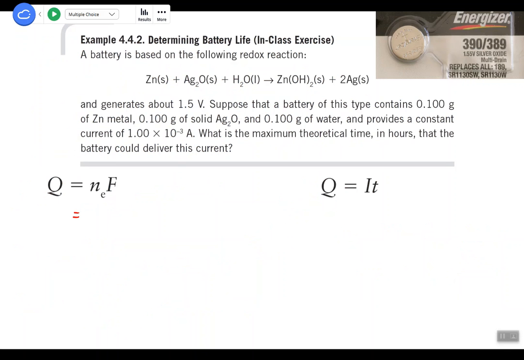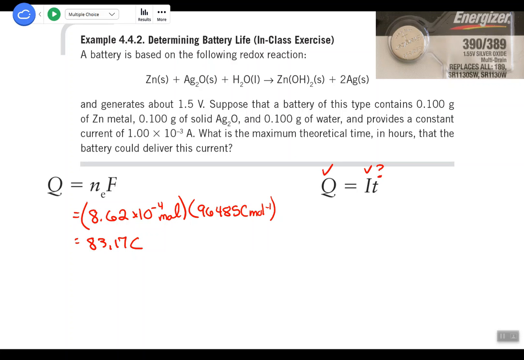I know the number of moles of electrons from the previous slide. Multiplying that by Faraday's constant, which gives me charge. This is the amount of charge that can pass until this battery dies. And now using that charge, I can solve for time.